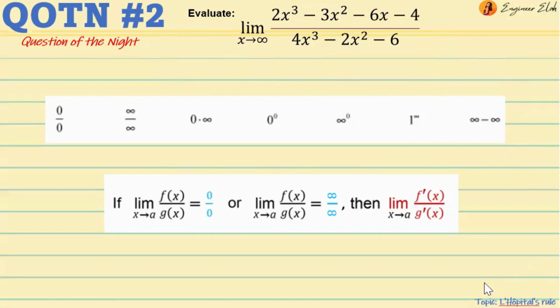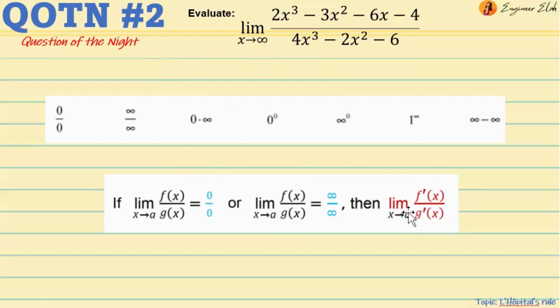And L'Hopital's rule states that the limit of the quotient of functions is equal to the limit of their derivatives. Take note, guys, that yung L'Hopital's rule, it treats the numerator and the denominator as independent function. So, hindi dito applicable yung quotient rule natin. So, ibig sabihin nun, i-differentiate nyo ng hiwalay yung numerator and denominator.